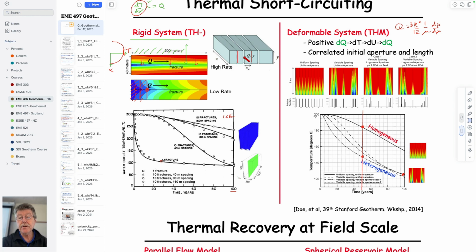The feedback that occurs is that as you chill the rock, it contracts, thermal contraction. As the rock blocks on either side contract, the aperture gets larger, and because flow rates are proportional to b cubed in that fracture, there's this positive feedback that makes the cold fractures even colder and take more fluid.